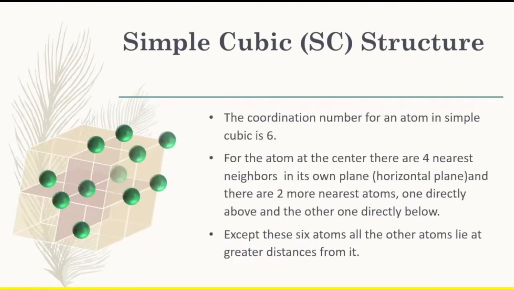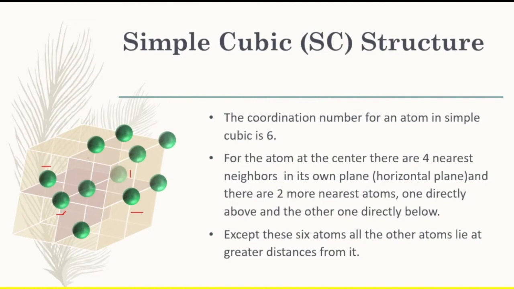Coming to the coordination number, in a cubic structure there are 6 atoms which are closest to any atom. For the atom at the center, there are 4 nearest neighbors in its own plane. So these are the 4 atoms in this one.